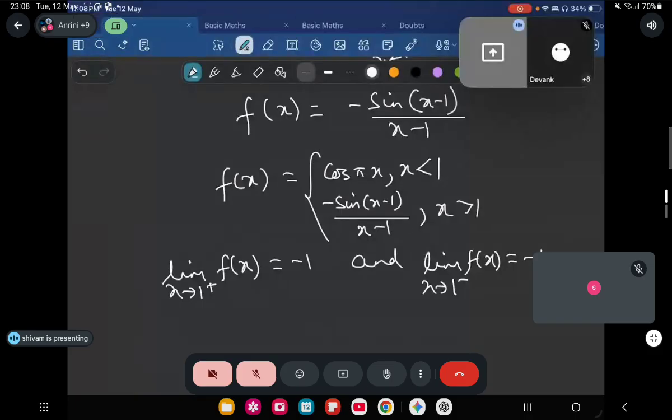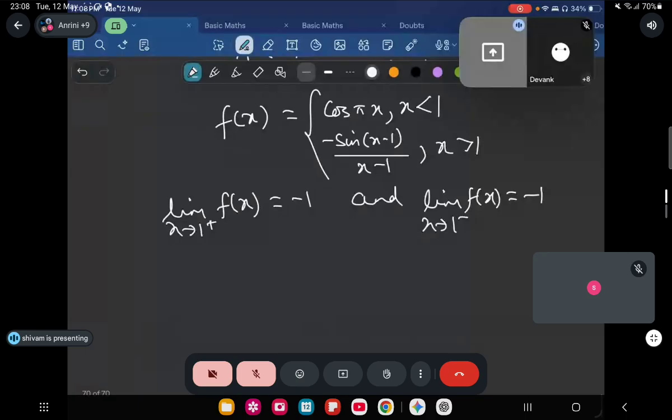You people didn't understand that limit x tends to 1 minus cos pi x will be equal to -1? Tell me. Ritam, Shwamita, did you people understand? Devatri and Devang. Yes, sir. Okay. If so, over here, does the limit exist or not? Yes. Over here, limit x tends to 1 f of x exists.